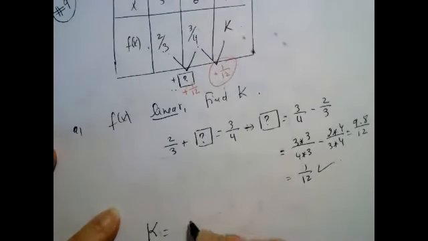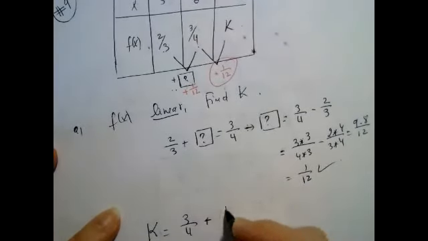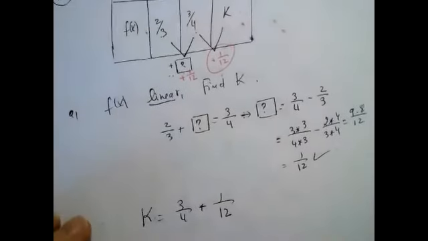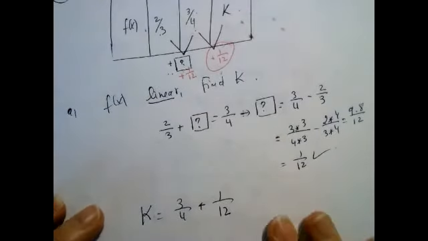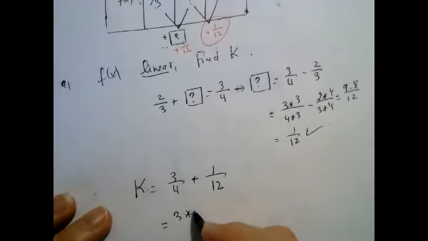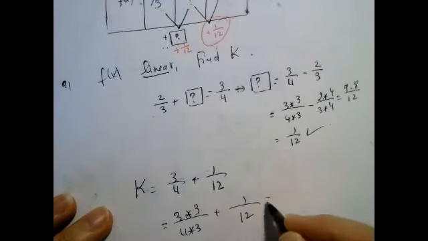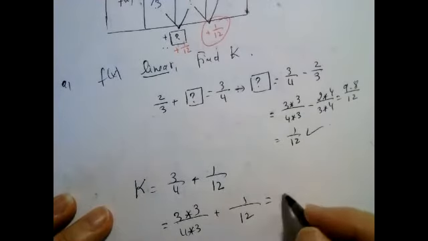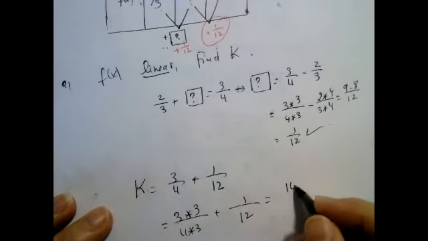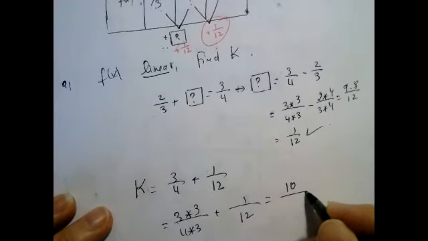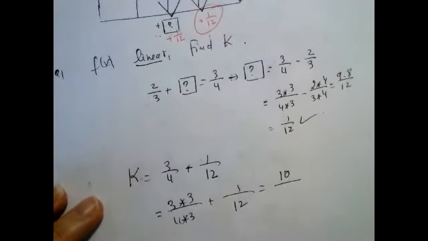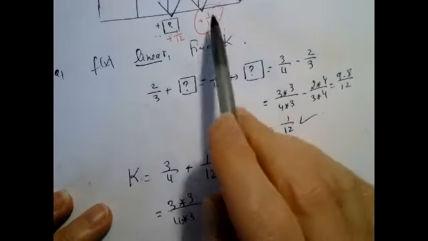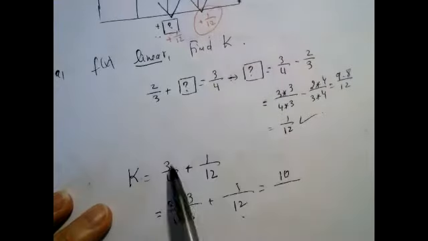So what's going to be my k? It's the previous value, add to it 1/12. And again, a common denominator, I will have 3 times 3/4 times 3. And this will give me 9 plus 1, right? I'm getting 10/12. Anybody getting 10/12? So I have to add 1 over 12 to 3/4.